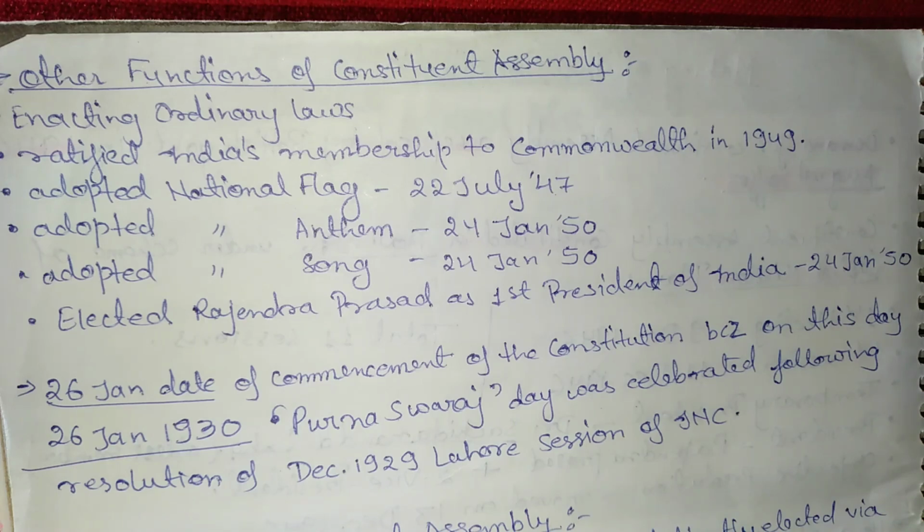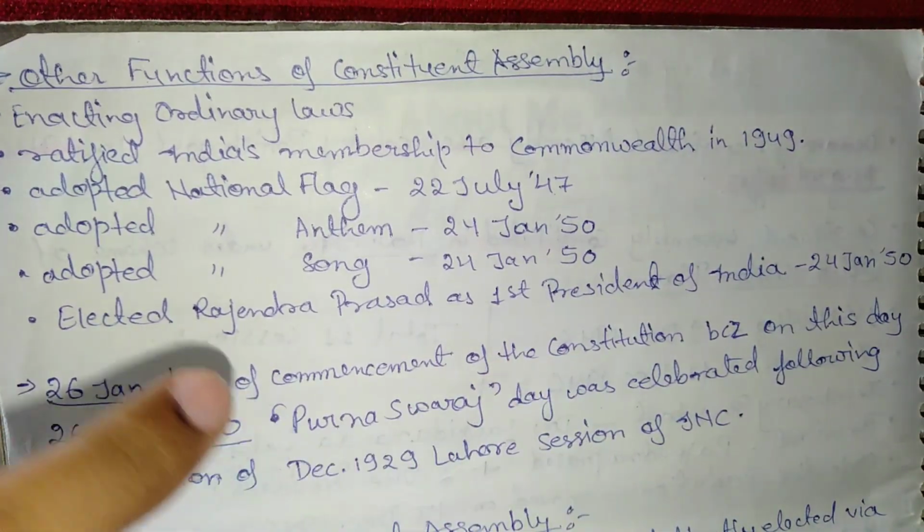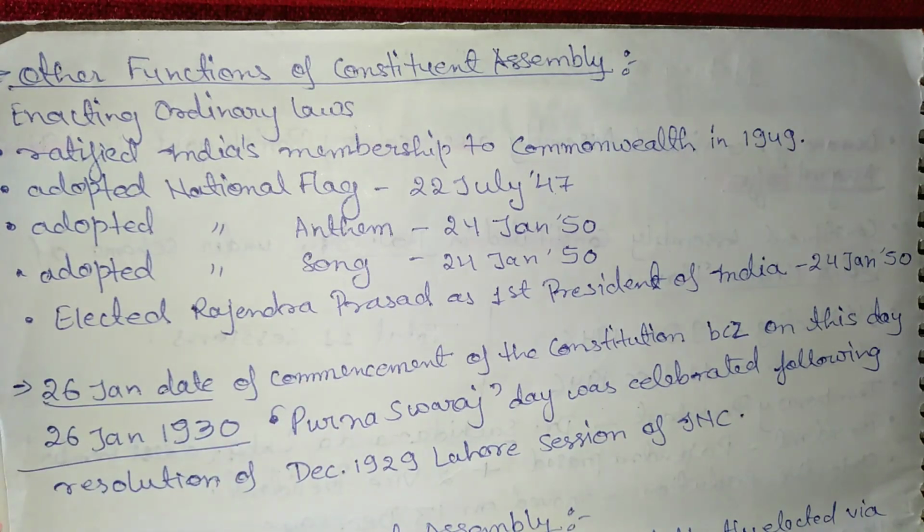The Constituent Assembly itself was not an entirely representative body as we have today under the RPA Act, where elected parliamentarians come from every nook and corner of the country. It was not the case with the Constituent Assembly. In the same way, the first President was not elected from the states; he was elected by the Constituent Assembly itself.